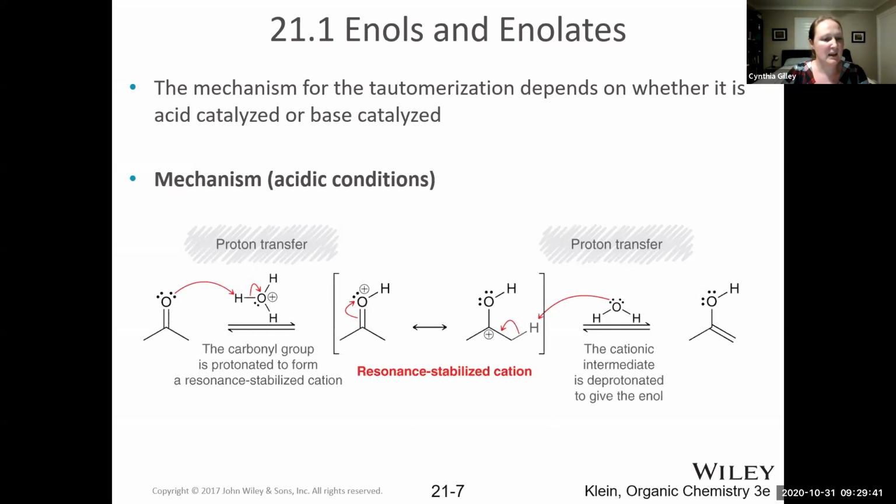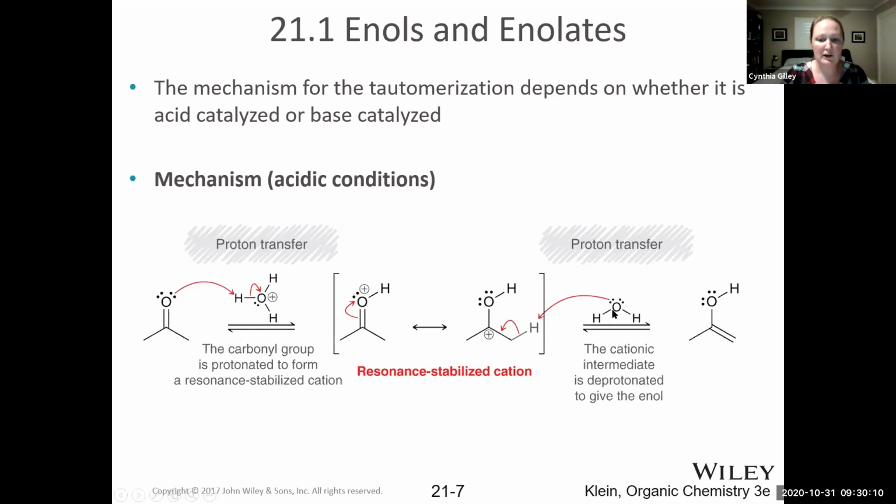So if we have an acid in solution, it makes sense that the acid will donate a proton to the ketone. And it can do so by protonating one of the lone pairs on the oxygen of the carbonyl. That gives us this resonance stabilized cation, where the positive charge is delocalized between the oxygen and the carbonyl carbon.